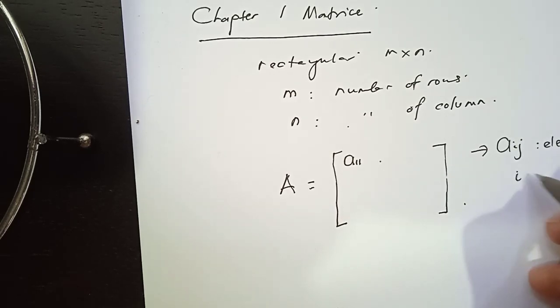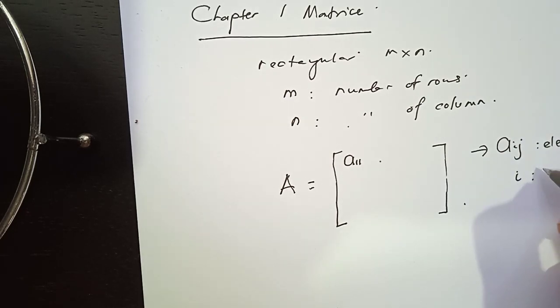where i refers to the number of row where the element is located at, and j is number of column.